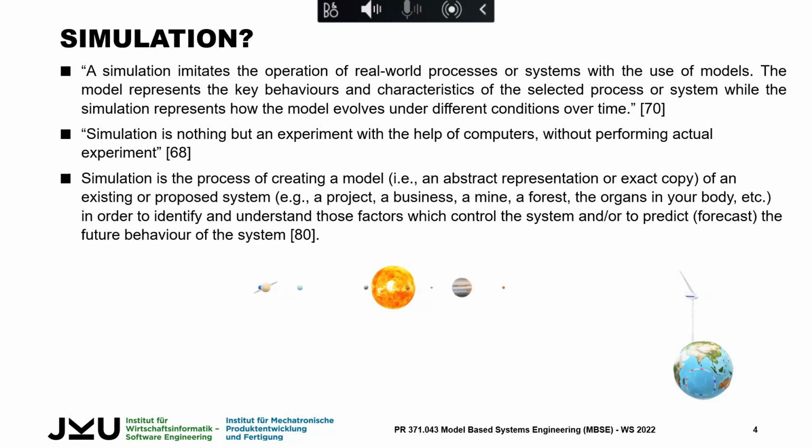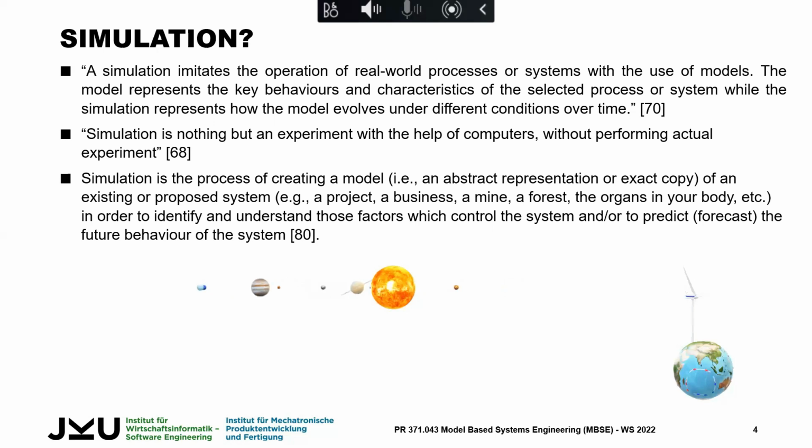Very nice definition. Another one: simulation is nothing but an experiment with the help of a computer without performing an actual experiment. This is in a way right and in a way wrong, because when we are dealing with prototyping, prototyping is also a kind of experiment, and you can do it with a scale prototype, with a physical model, or with a computer model.